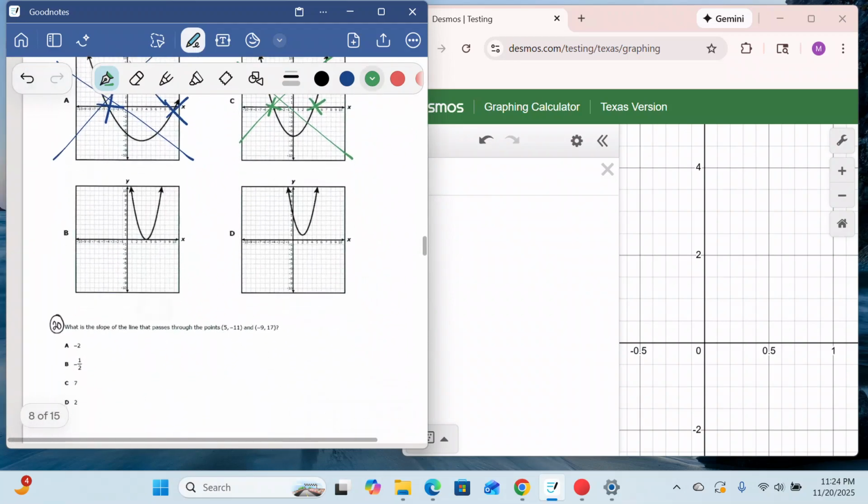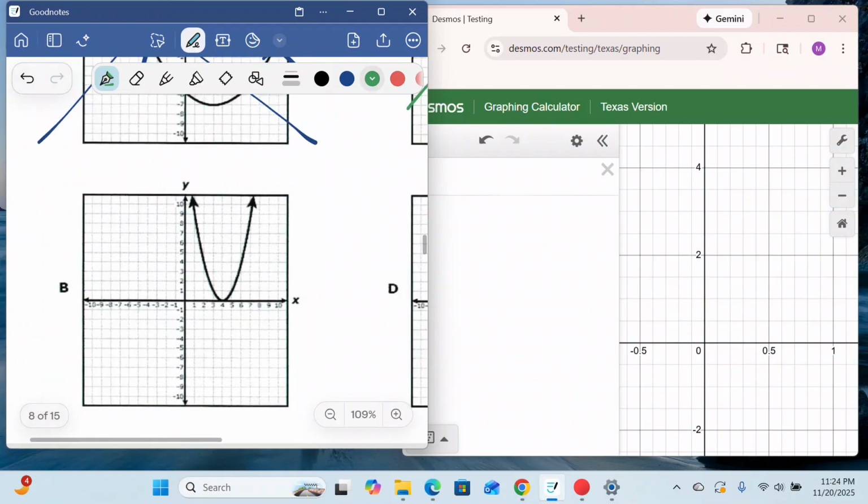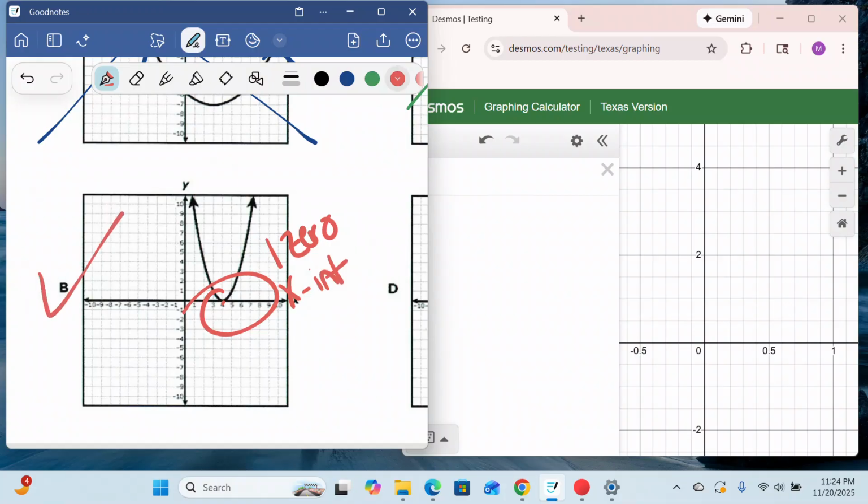If I look at B, does that one have one zero? So in red, there's that zero. It only crosses my x-axis at one zero, or one x-intercept. So there's my answer choice.